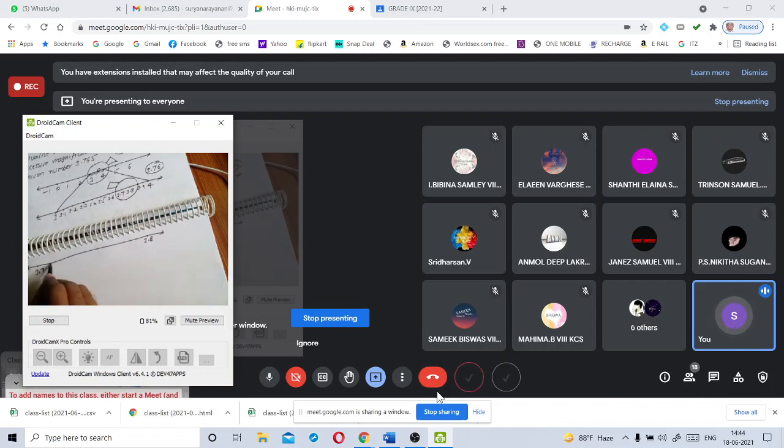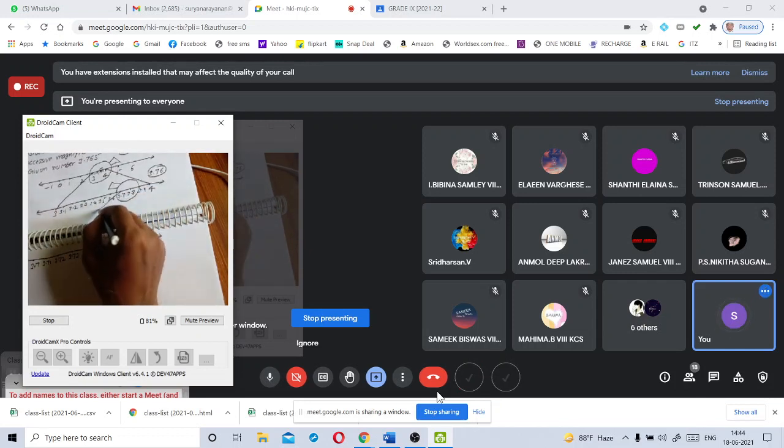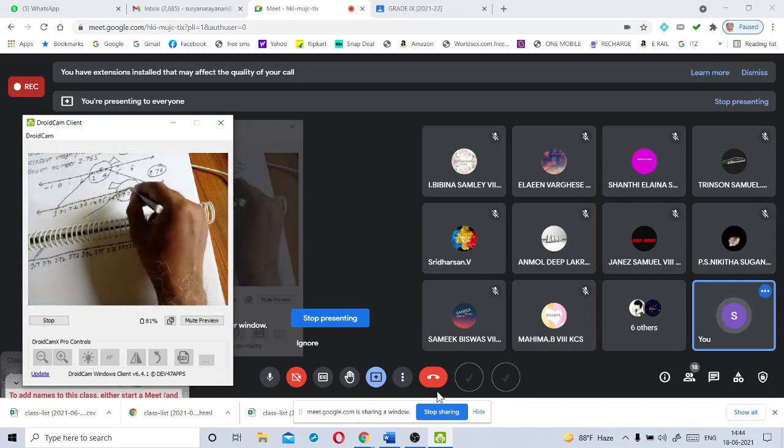After 3.7, we write 3.71, 3.72, 3.73, 3.74, 3.75, 3.76, 3.77, 3.78, 3.79. We are magnifying this part, just drawing their lines here.